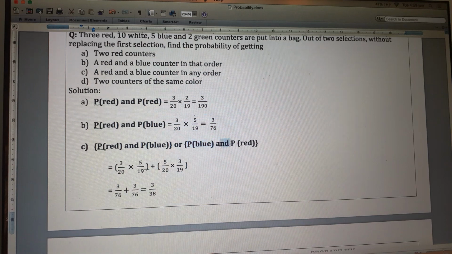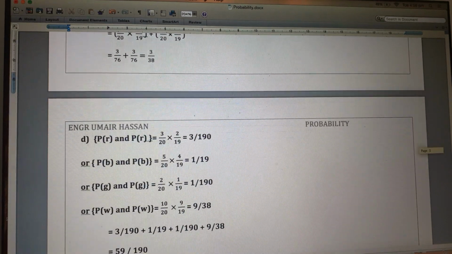Multiply by, because 'and' is used, the probability of the red counter. Now red counters are 3 in number, so the number of red counters divided by total counters, which is now 19, because I have taken out a blue counter here. So you will get 3 over 76 from here, and 3 over 76 from the other, and upon addition you will get 3 over 38. So this is the case of dependent events.